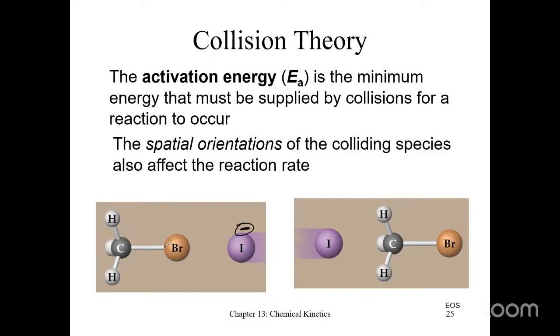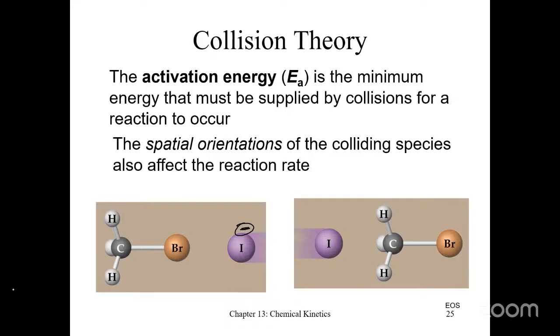Now, based on the theoretical concept of spatial orientation affecting reaction rate, one would consider the iodide ion approaching this molecule to where the bromine is, or it can be approaching to where the carbon is, because the actual reaction is this. I probably should have said this before.